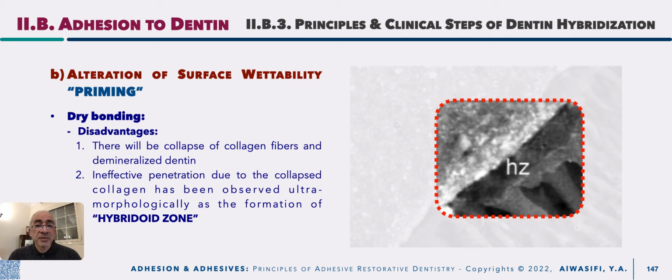Apply it and also instruct him to recap it immediately in order not to lose much of your solvent, which will evaporate quickly in the open air. Let your coat have sufficient time for infiltration into your conditioned dentin, for 10 to 30 seconds at least. Don't air dry your dentin either before or after application of primer.